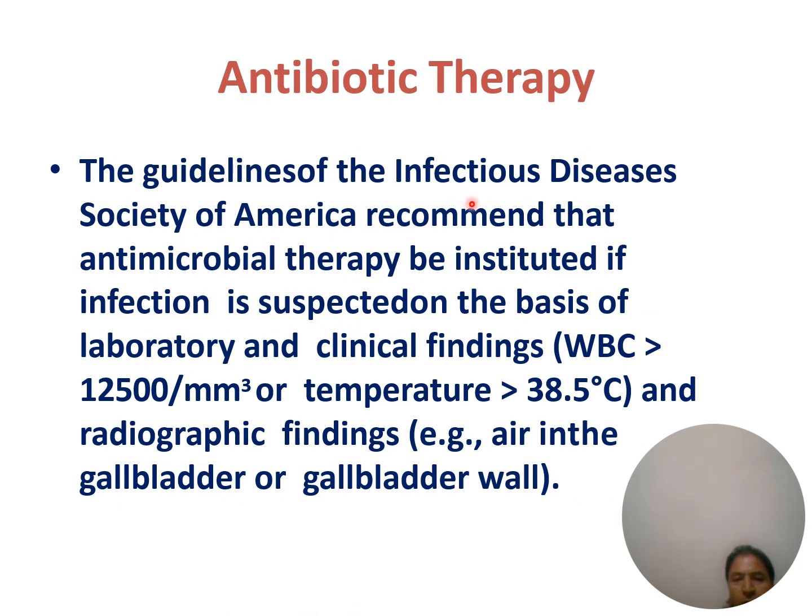The guidelines of the Infectious Disease Society of America recommend that antimicrobial therapy be instituted if infection is suspected on the basis of laboratory and clinical findings, such as WBC above 12,500 per cubic millimeter or temperature 38.5, and radiographic findings, for example air in the gallbladder or gallbladder wall.